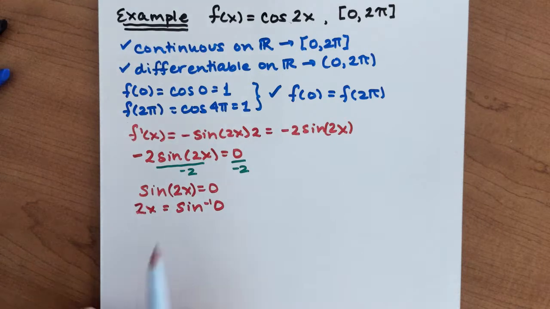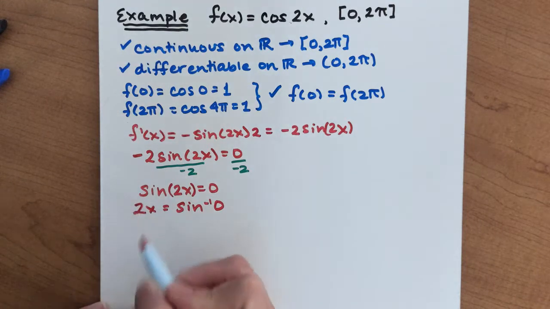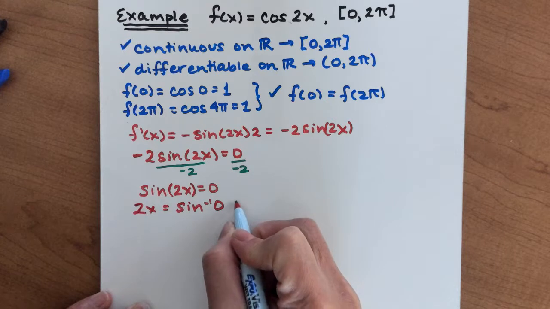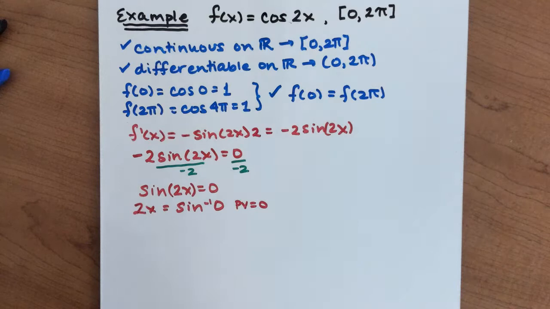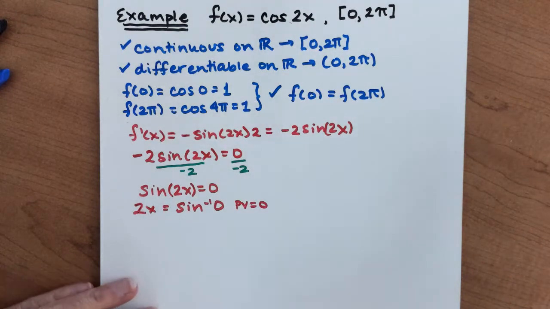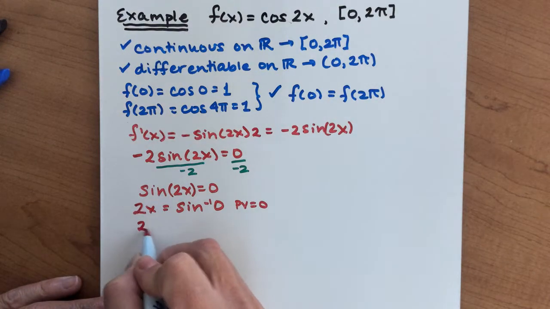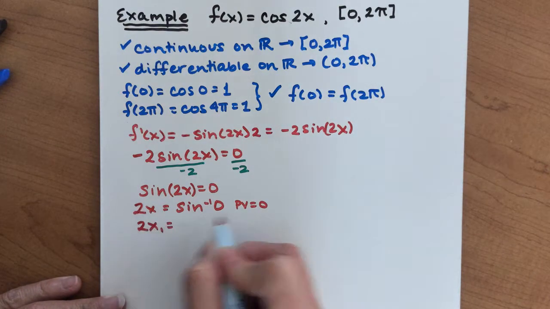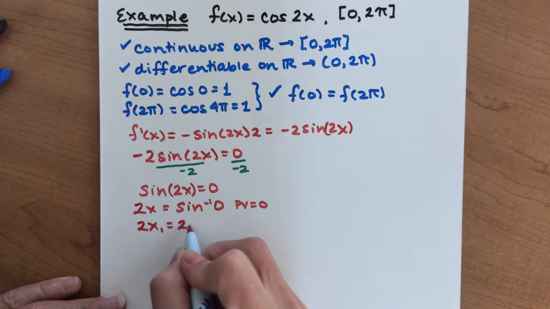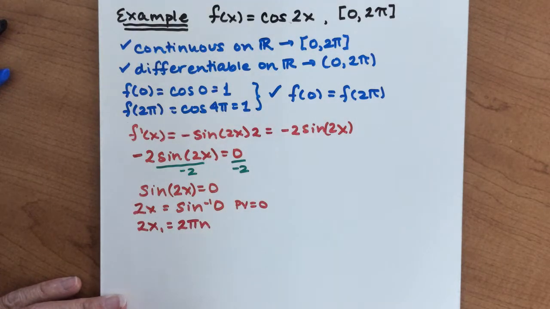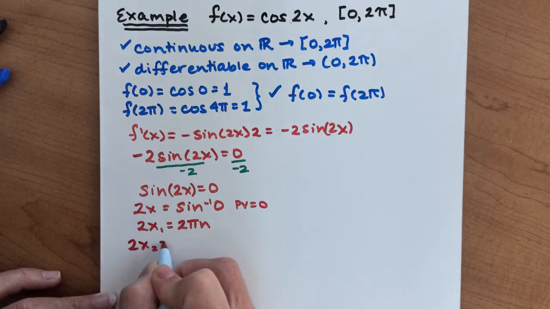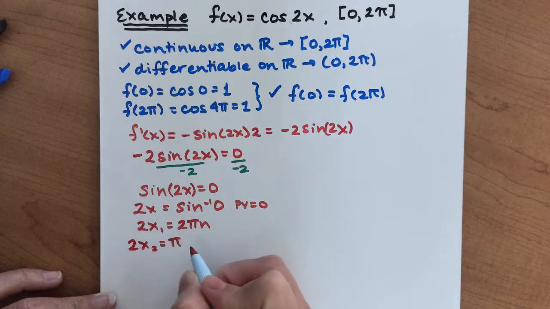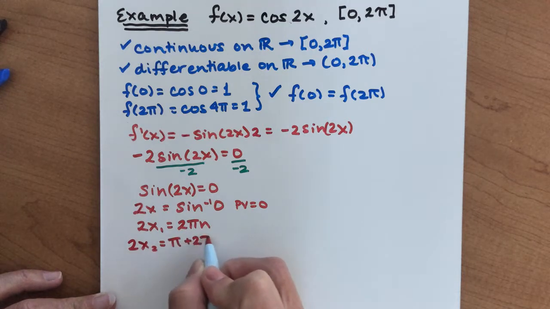I'm going to move the sine over to the other side, which is going to give me an inverse sine function. 2x is the angle whose sine is 0. The principal value is 0. The angle whose sine is 0 is 0. Okay, so if you remember, the general solution for sine is principal value 0 plus 2 pi n. And the second equation for the general solution for sine is pi minus the principal value plus 2 pi n.